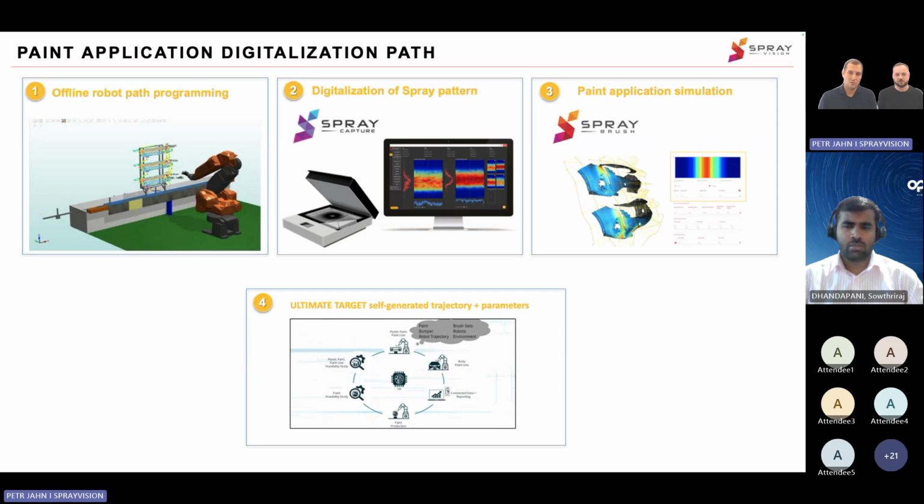And above that, it also provides the simulation on the substrate, such as the bumper, car body, or even interior parts or any other use case. The kind of ultimate target might then be self-generated trajectory, which also improves takt time and recommends the parameters for the coating together.